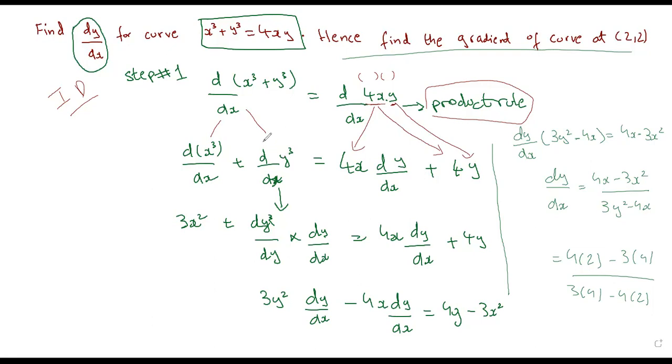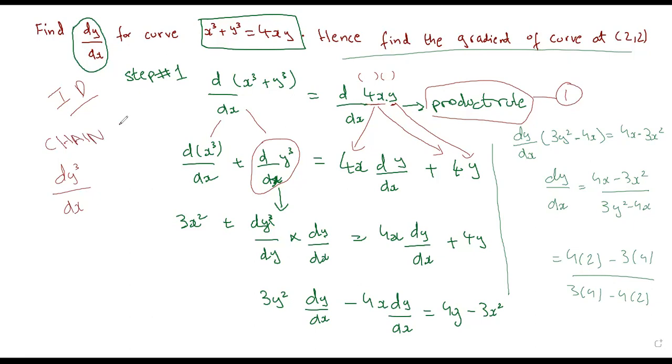Now, this is another game changer. When you are dealing with implicit differentiation, you'll come across such terms very frequently. And this is why I told you in the first slide that to simplify implicit differentiation questions, you'll be using the product rule and you will be using the chain rule.